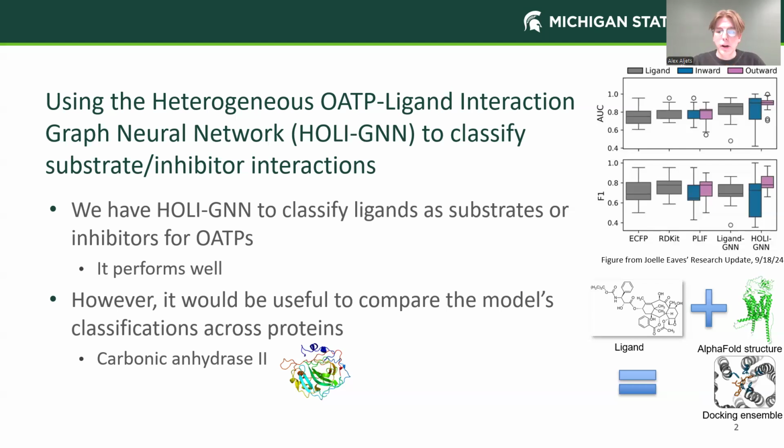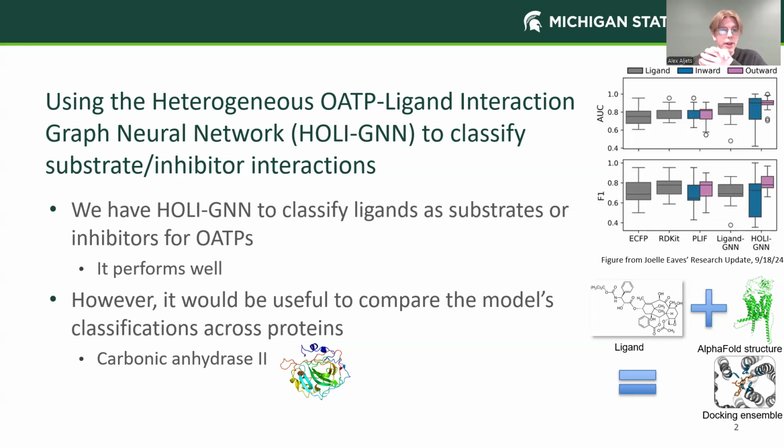And then before I get into how I'm working with the neural network, we start with a ligand and some kind of structure, whether it's from AlphaFold or some kind of crystal structure.